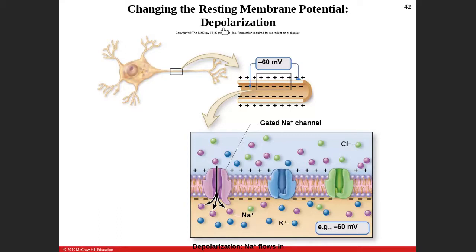This sodium gated channel has opened up, and sodium enters, bringing its positive charge with it, and it now makes the membrane potential -60. -60 is more positive than -70. Good. So sodium flows in for depolarization.